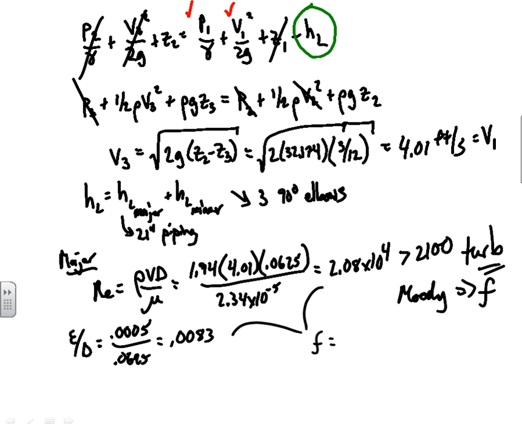That will give me a friction factor of 0.039. Now calculate my head loss major. That's just equal to the friction factor times L over D times V squared over 2G.